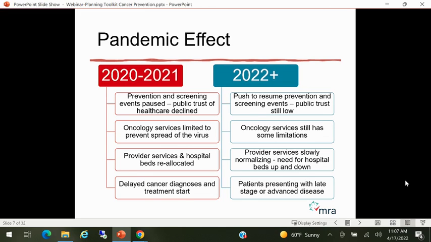Provider services today are slowly starting to normalize. The need for hospital beds has been a little bit up and down, but hopefully is reducing in your facility. And we are starting to see, to some degree, patients who are presenting with late stage or advanced disease as a result of a delayed diagnosis or treatment start.